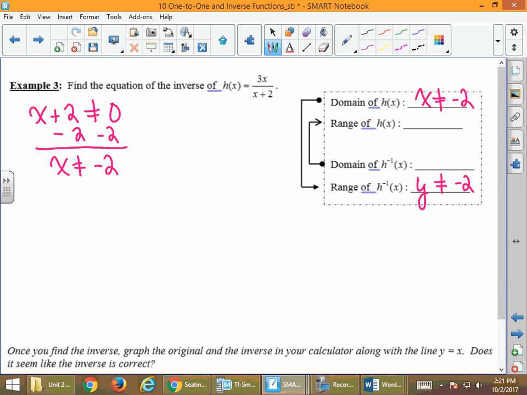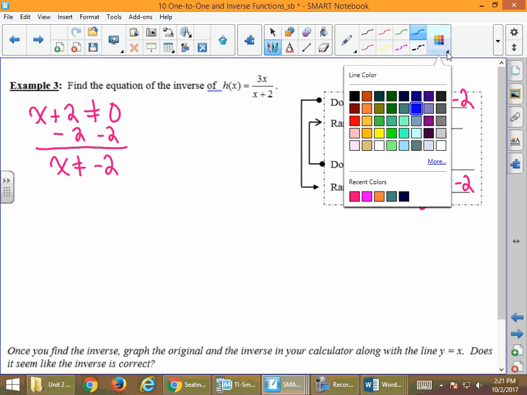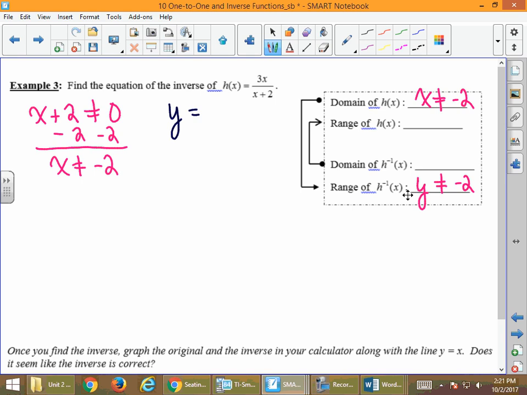Now what we're going to go ahead and do is find the inverse. And the difference on this one compared to the previous problems is we had 2 x's in here. But that's okay. Our first step says that instead of writing h of x, we're going to write y. The second step says that we switch the x and the y.